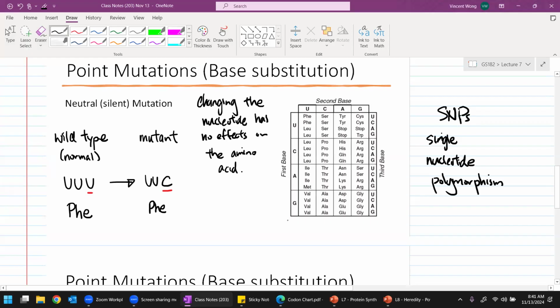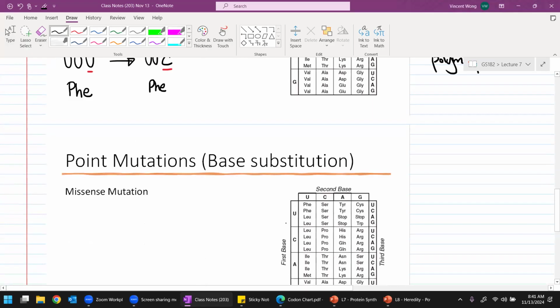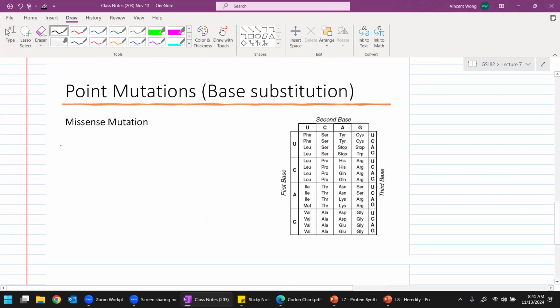Okay, that's silent mutation. Moving on, let's do another one. We have the wild type. Let's say we have CUG, and I'm going to change it to CAG.